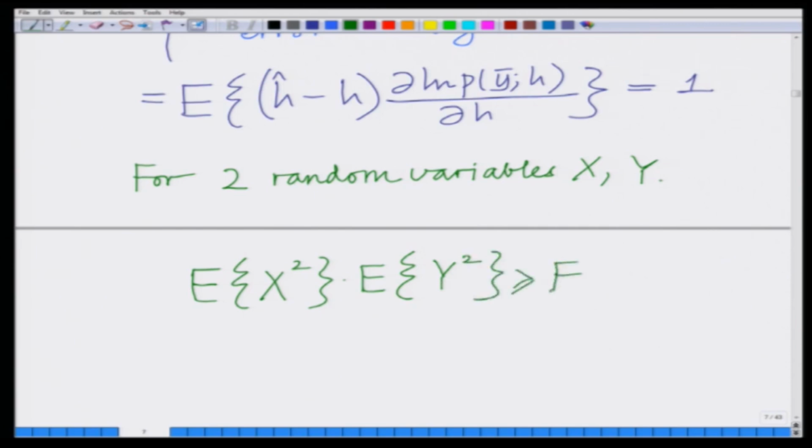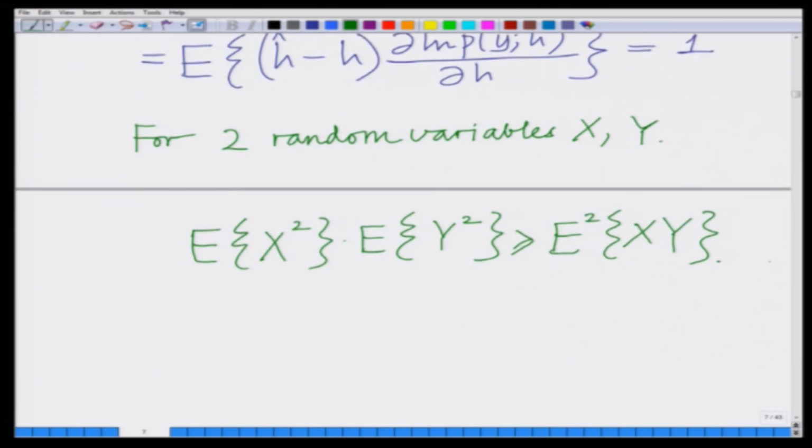This is your Cauchy-Schwarz inequality for random variables.